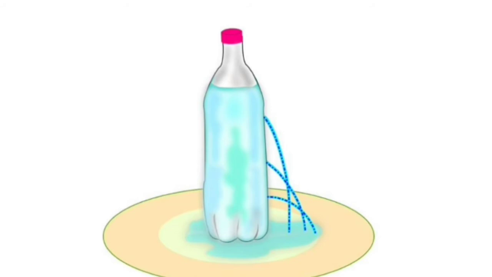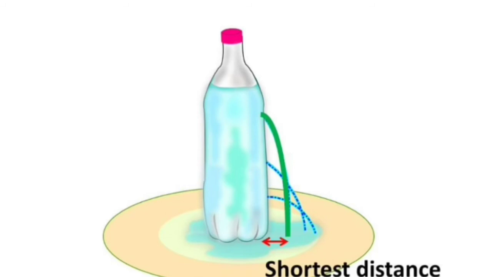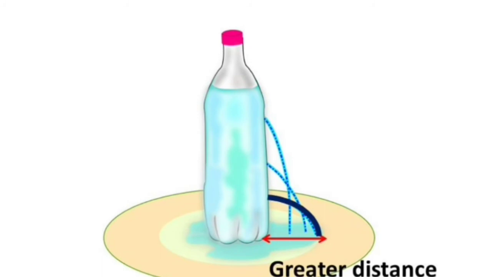As you can see, water falling from the hole which is near the top is at the shortest distance from the bottle, and the water coming out of the hole near the base is falling at a greater distance from the bottle. So what do you understand from this?